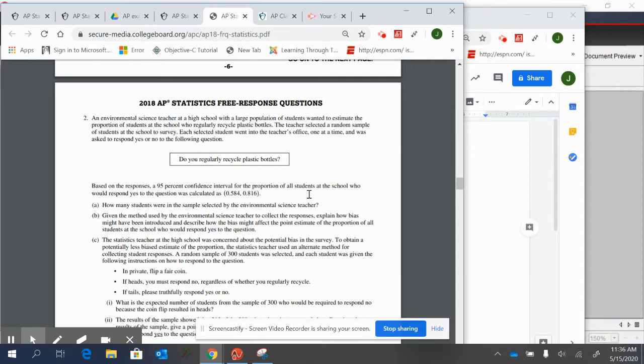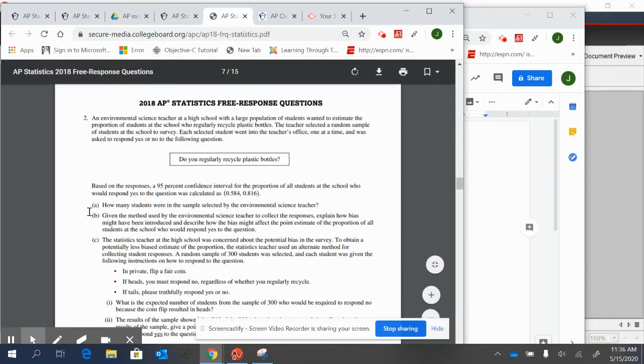Okay, let's see. How many students were in the sample selected by the environmental science teacher? Okay, so that's going to be part of our margin of error. That's going to have to do with the confidence interval for a proportion, which uses a Z procedure.